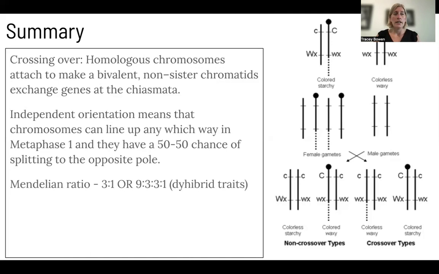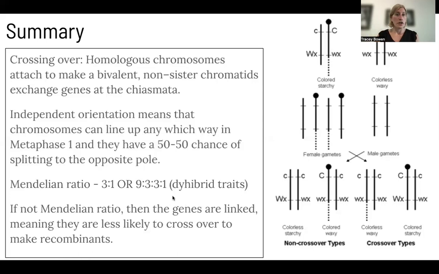In non-linked gene situations, crossing over can also happen completely randomly, and that would be called segregation of alleles. The Mendelian ratio for a monohybrid trait would be 3:1, and for dihybrid traits 9:3:3:1. If you're not seeing a Mendelian ratio, that indicates that the genes are linked, meaning that they're less likely to cross over to make recombinants.